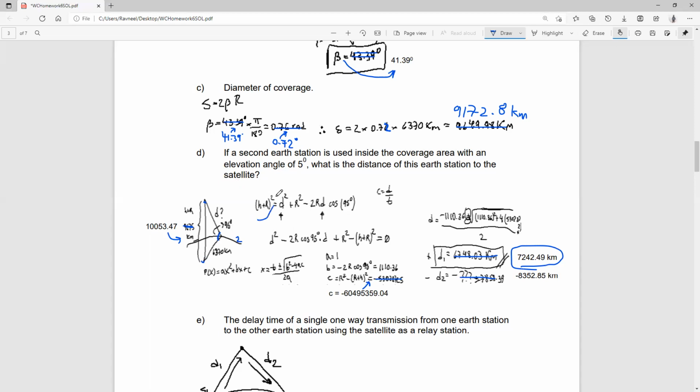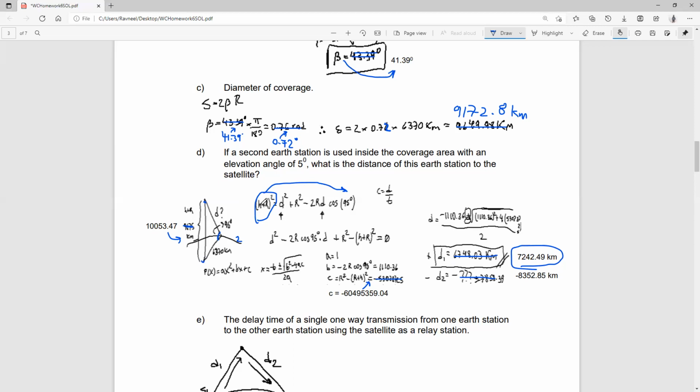So taking this term to the other side and rearranging the terms, we will be getting d squared, and then the term that has d, which is 2 times r cos 95 degrees times d. Then plus r squared, and since we are taking this to the other side, that will become negative of h plus r squared.